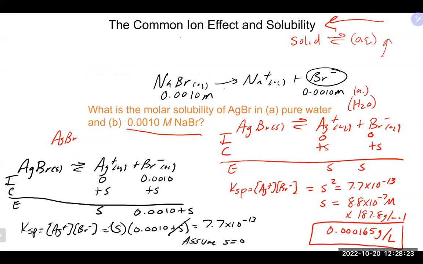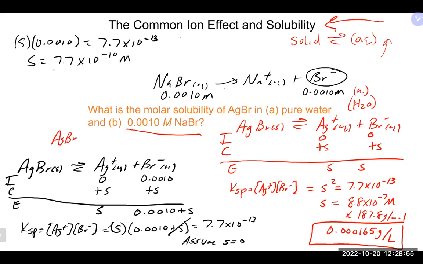S times 0.001, and that will equal 7.7 times 10 to the minus 13. Once again, here we're then going to take 7.7 times 10 to the minus 13 divided by 0.001, going to get us a molar solubility of 7.7 times 10 to the minus 10 molar.